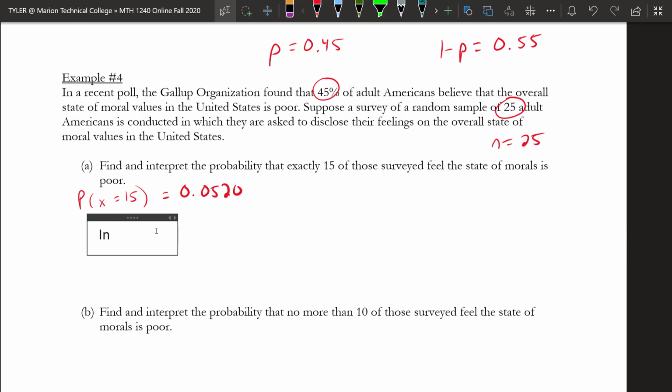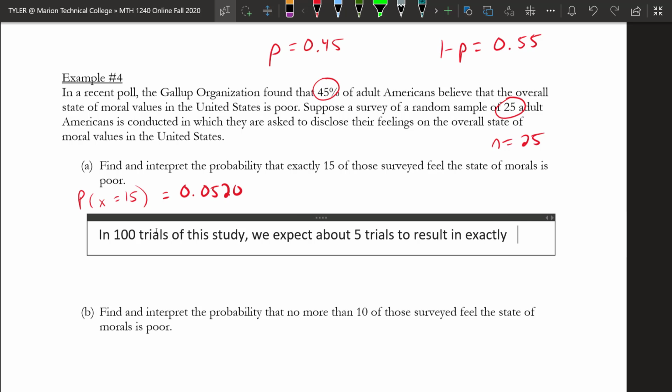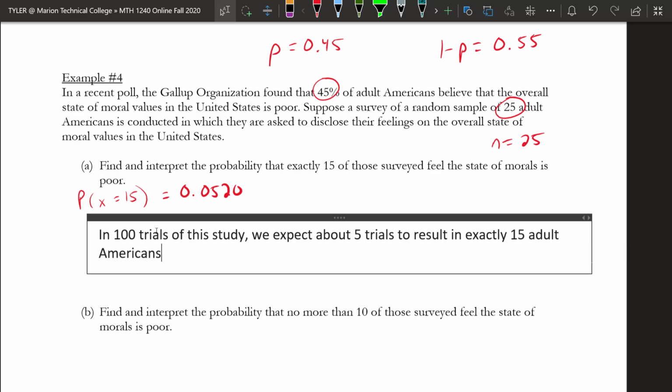So in 100 trials of this study, we expect about 5 trials to result in exactly 15 adult Americans who feel the state of morals is poor.